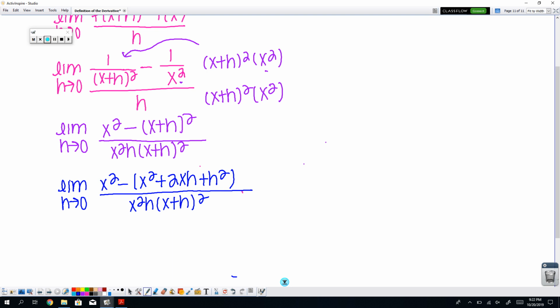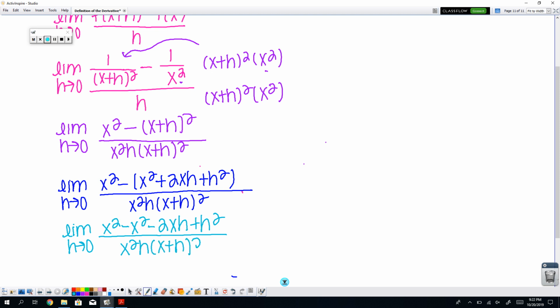Okay, now I'm going to go through and make the top all nice by distributing: the limit as h approaches 0 of x squared minus x squared, oh that's good, minus 2xh minus h squared, all over x squared h, x plus h squared.